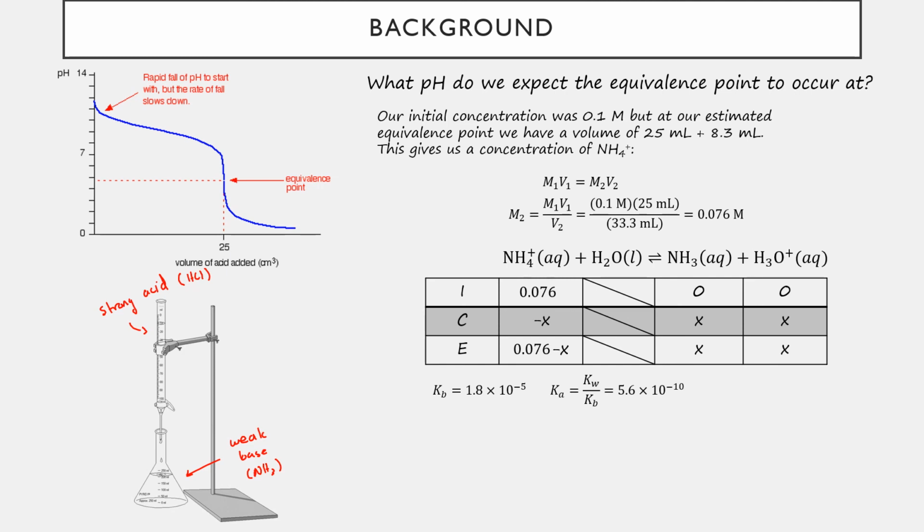As I said, if you look through the chapter 15 lecture, you'll see our discussion of this in more detail. However, what you will see there is that Ka times Kb gives you Kw. Since we know Kw to be 10 to the minus 14, we can algebraically rearrange that equation such that Ka equals Kw over Kb, and then we are left with the Ka value for NH4 plus. That is just a common thing that you often see.